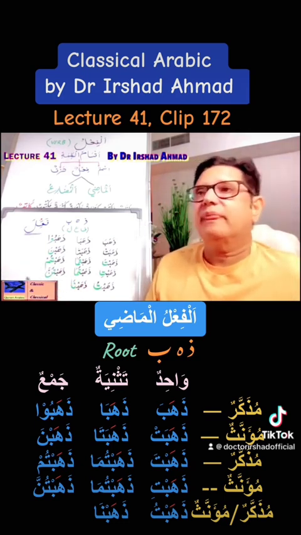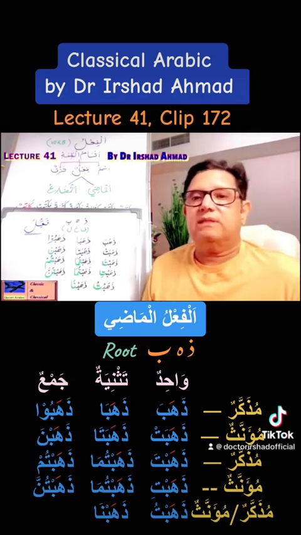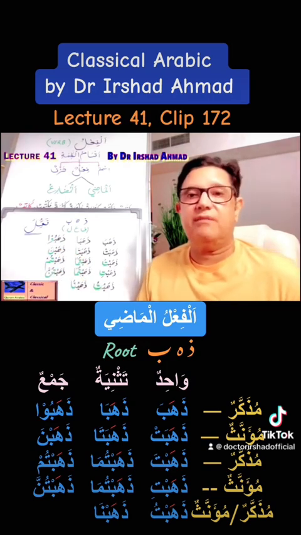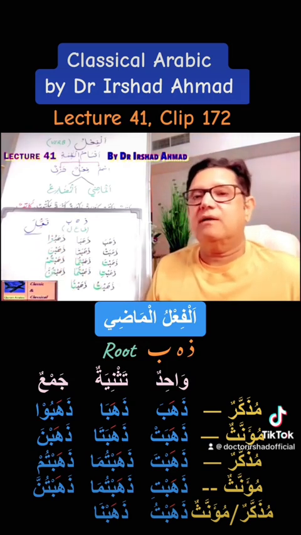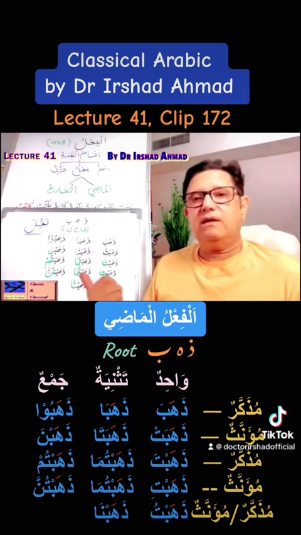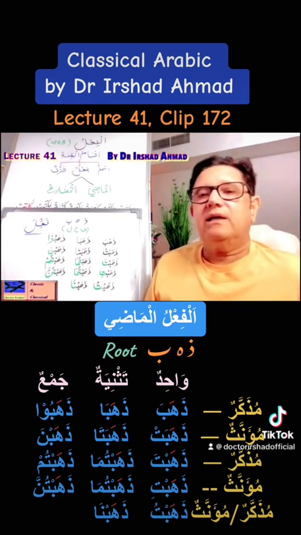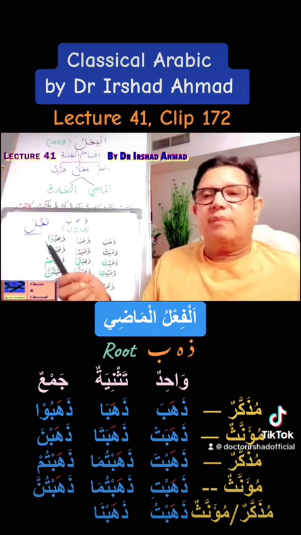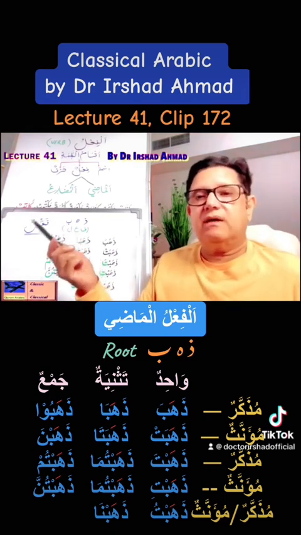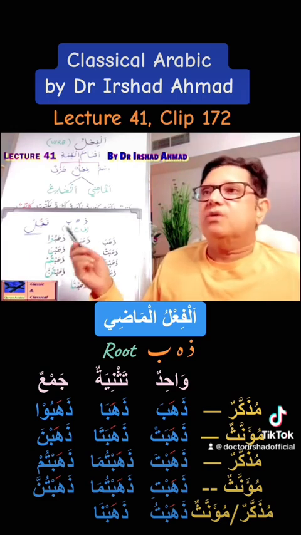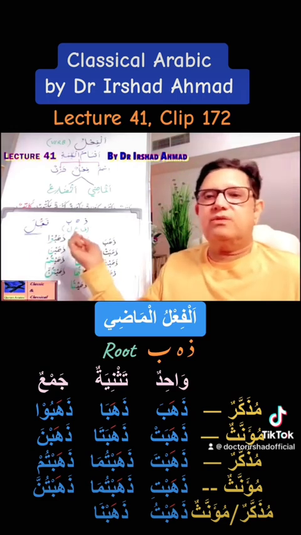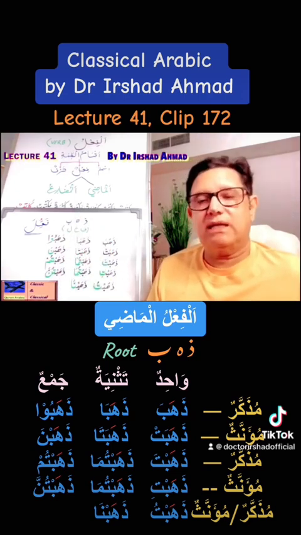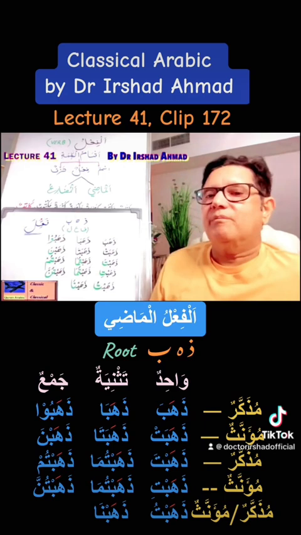When we move on to the third person in English, we say he went, so gender differentiation comes in here: he for a man, and she went for a woman. And then they all went; if they're all men, they went, or women, they went. So basically, we have 2 plus 2, 4, plus 3, 7 conjugation forms in English.